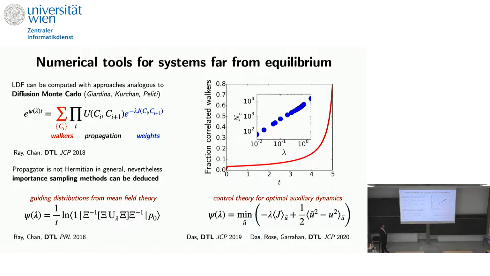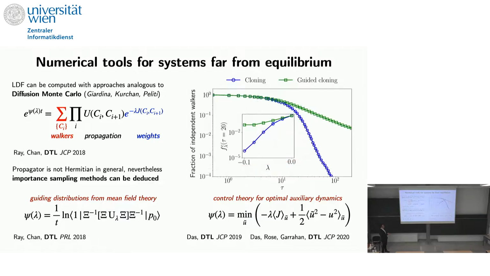And these actually work quite well. We can really reduce the cost, statistically speaking, of doing these sorts of calculations. So this is an example from this paper here, where you can increase the statistical efficiency of this algorithm by orders of magnitude just by giving a little guidance on how you sample these large deviation functions.